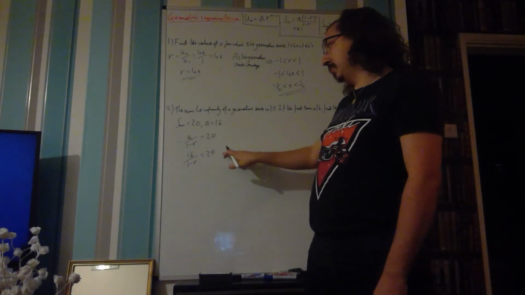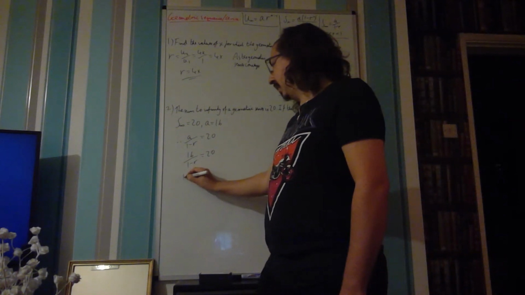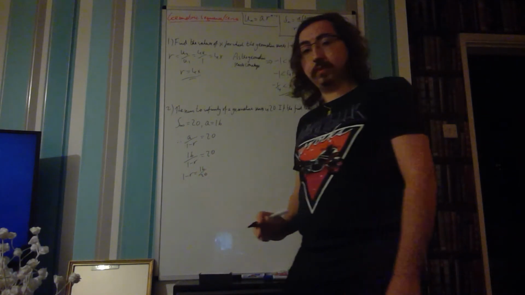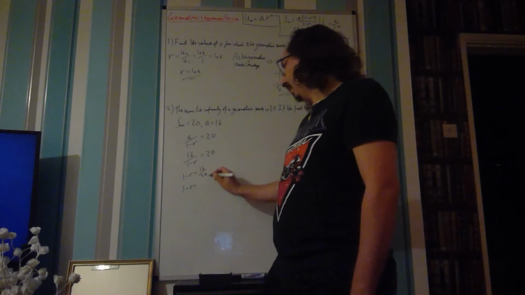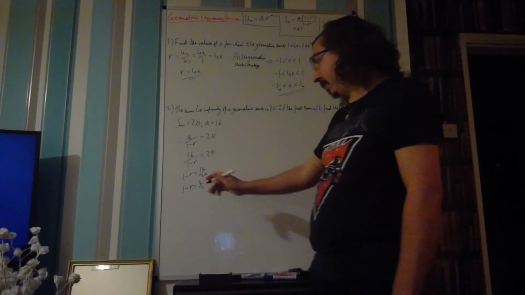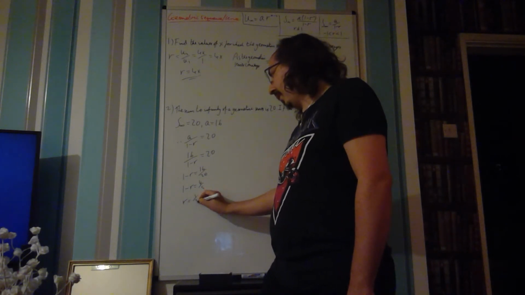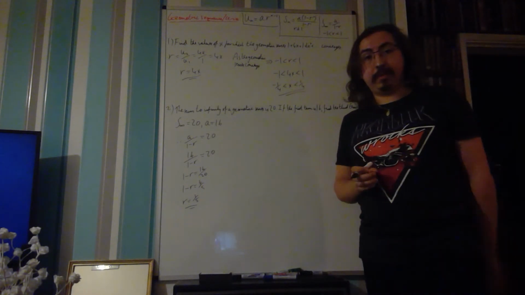If we move this up as a multiplication and move this down as a division, we can say that 1 minus r is equal to 16 over 20, or 1 minus r is equal to 4 over 5. So r is equal to 1 minus 4 over 5, which is equal to 1 over 5, or a fifth.